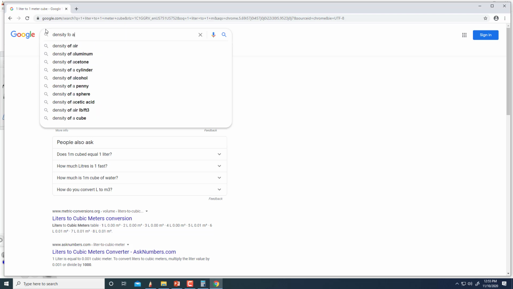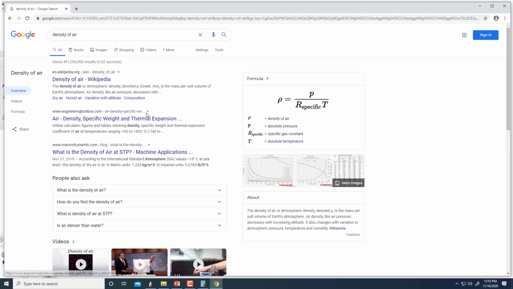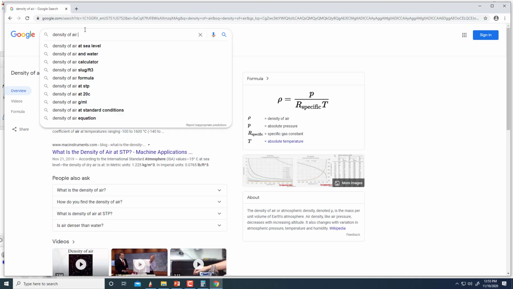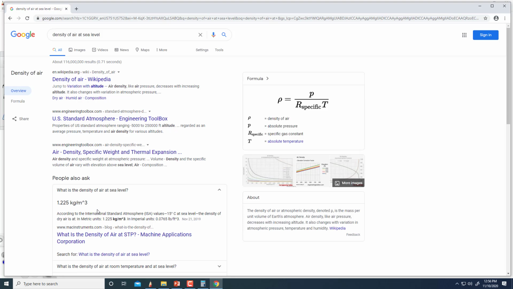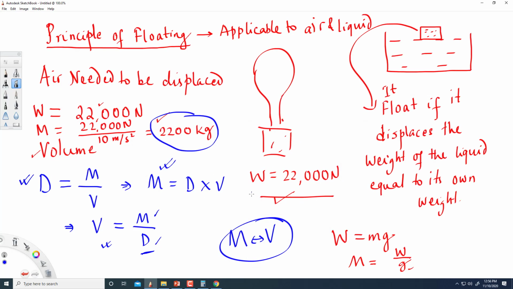Density of air, let us say at sea level, is about 1.1, 1.2. Here it says 1.2, so we will consider it 1.2 kilogram per meter cubed.